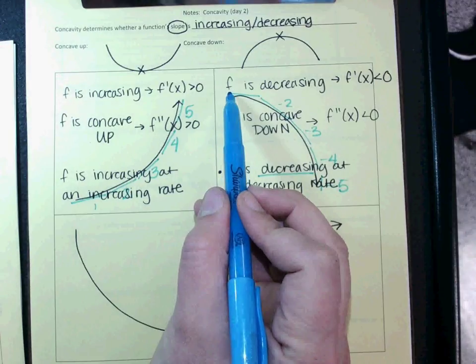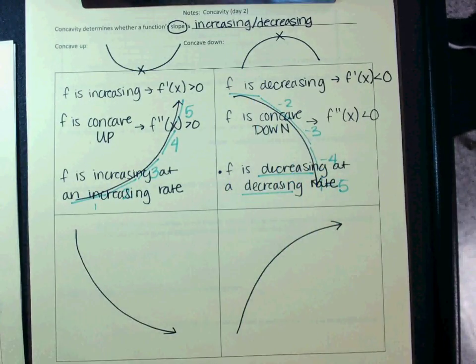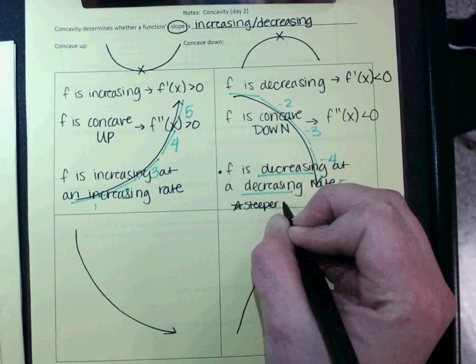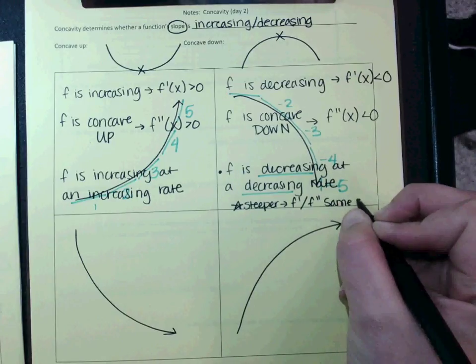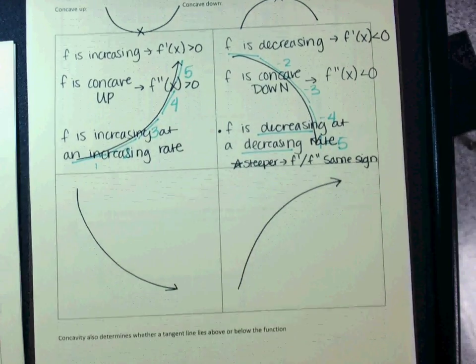So if my graph is decreasing at a decreasing rate, that does mean your graph is getting steeper. If you want to put a little star here, the reason that your graph gets steeper is because f prime and f double prime have the same sign. But you would still say that it's decreasing at a decreasing rate because your slopes are getting smaller in value, because they're getting more negative each time.